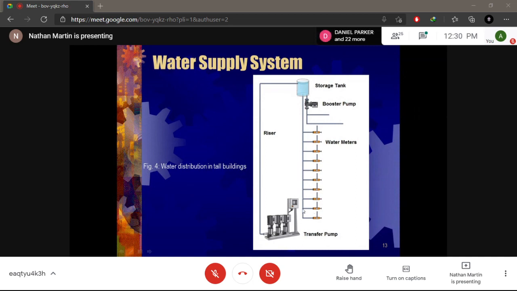Now, what will happen is that this is really going to be controlled by a bypass valve, right? So in one instance, the bypass valve will be closed, and in the other instance, the bypass valve will be open. It also can be configured to work automatically using flow switches and also solenoid valves. So we can actually configure this system.